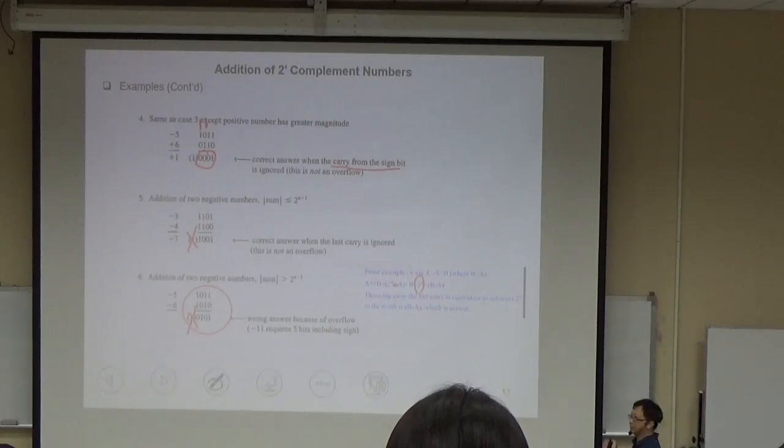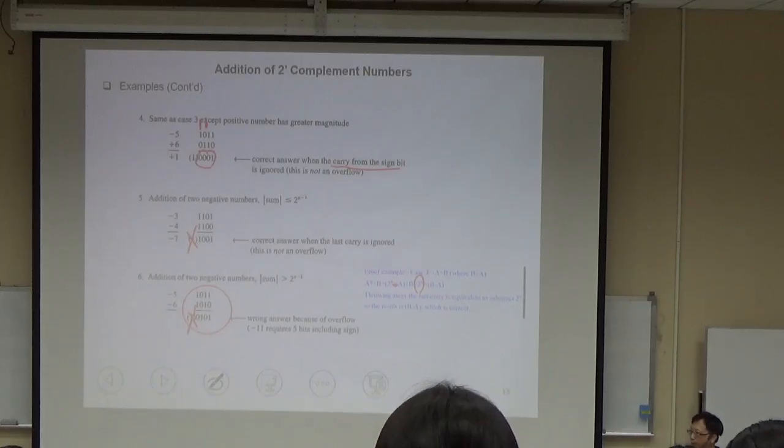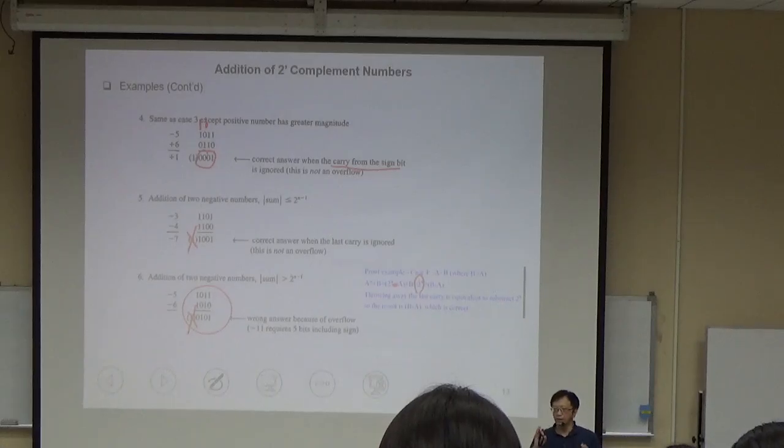If there is a carry from the sign bit, just throw out this value. So throwing away the last carry is equal to subtracting 2 to the power n. So the result is B minus A. That's the carry from the sign bit, and we still have the answer. That's the reason this is okay.